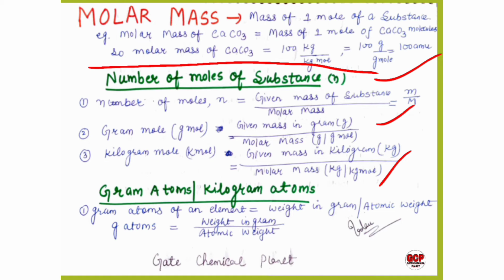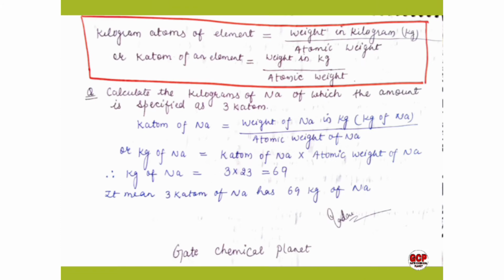So students, now we will discuss gram atoms or kilogram atoms. Gram atoms of an element equals weight in grams divided by the atomic weight. Now we will discuss kilogram atoms of an element.